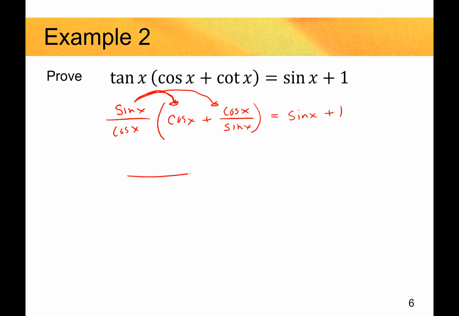Going to the first one here, this becomes sine of x, cosine of x divided by cosine of x. Perfect. Multiplying into the second fraction, this gets me sine of x multiplied by cosine of x. That's this times this on top. And then I have cosine x and then the sine x that was originally on the bottom.